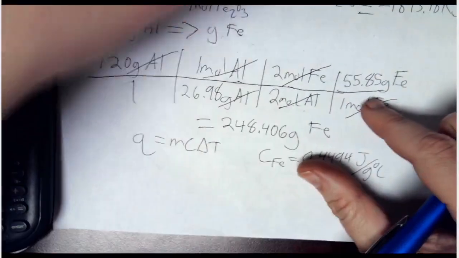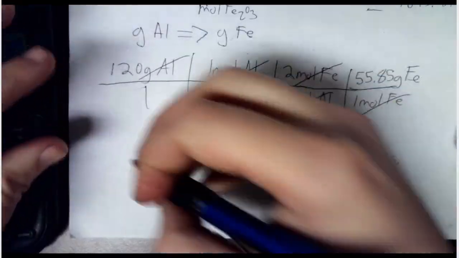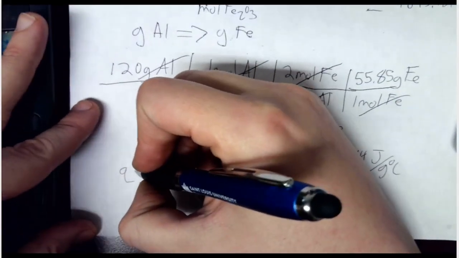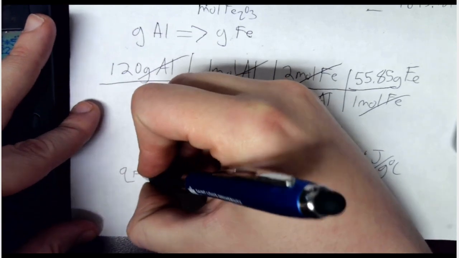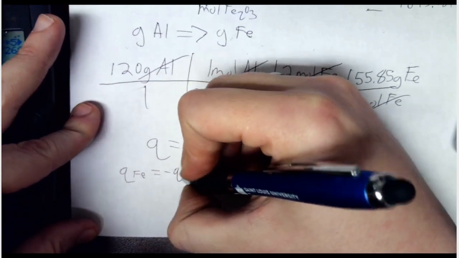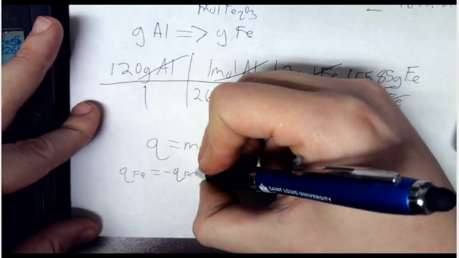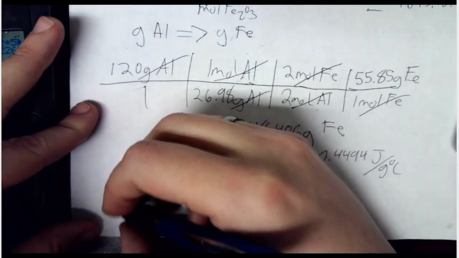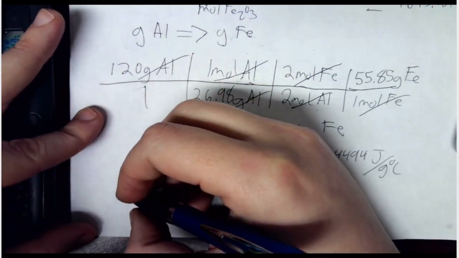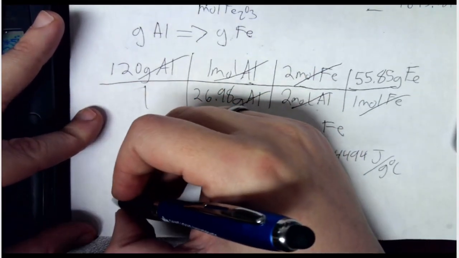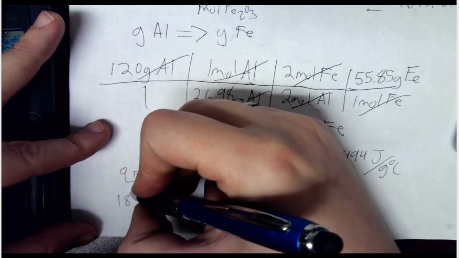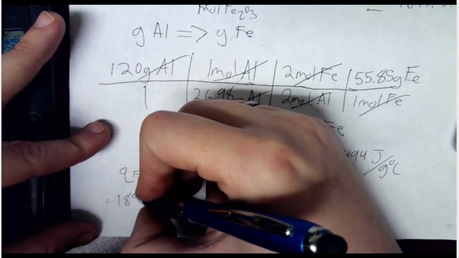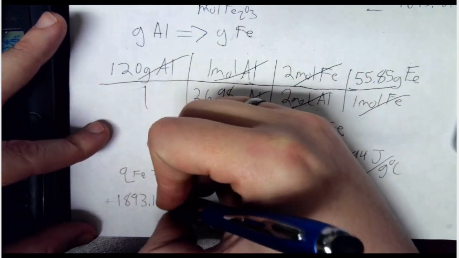So with that in mind, the Q of the iron is going to be negative the Q of the reaction. So the negative 1893.18 is going to be positive 1893.18 for the iron.